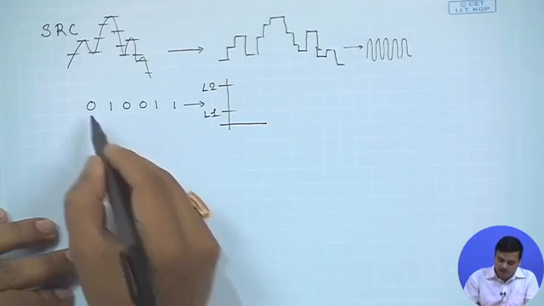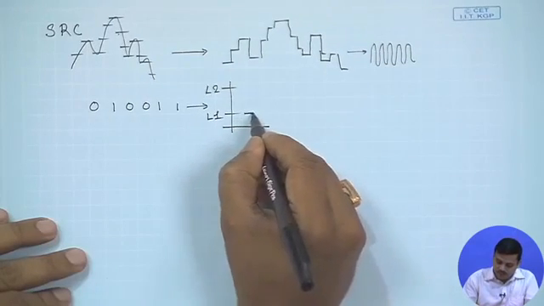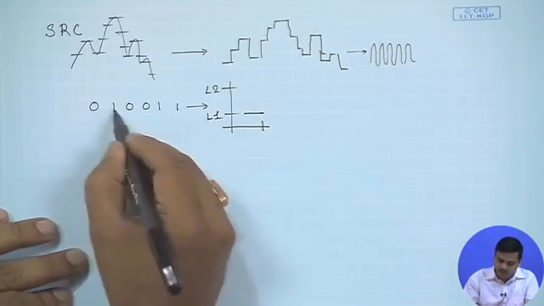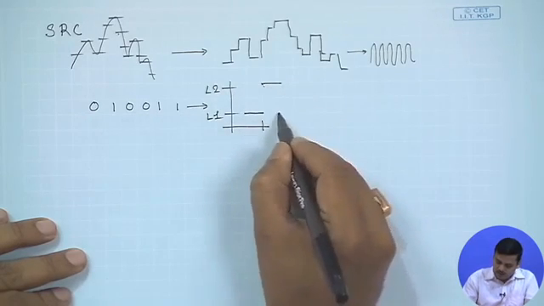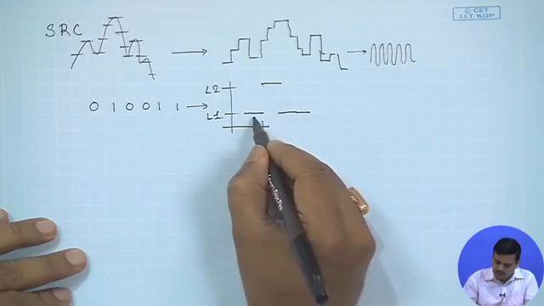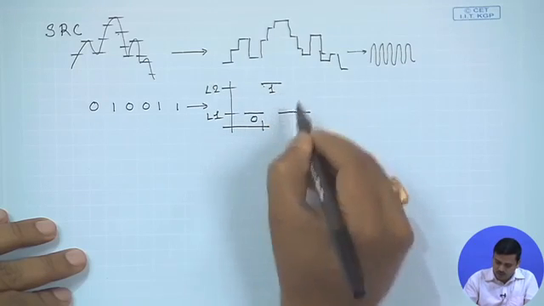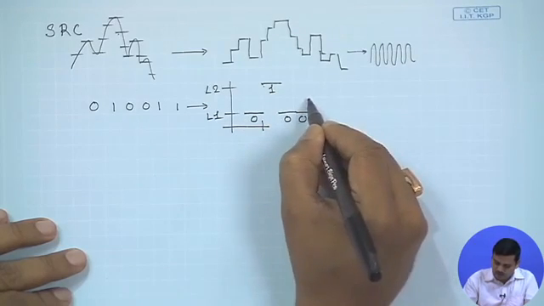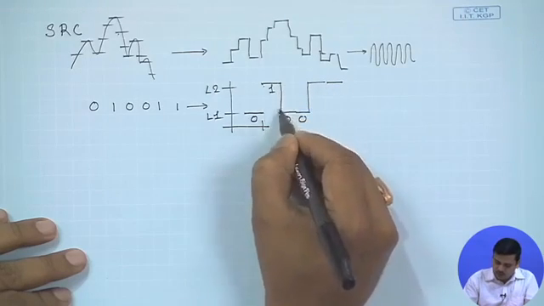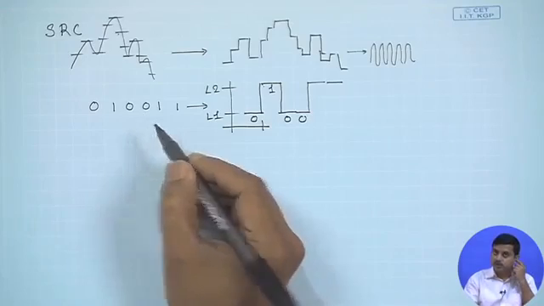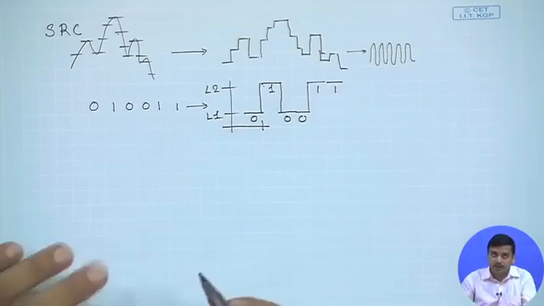So whenever you encounter a 0, you would send level 1 for a certain duration of time, whenever you get 1 you would send level 2, and so on and so forth. So this indicates there is a 0, there is a 1, there is a 0, there is another 1, there is another 1. So this is matching with respect to this particular signal, right?